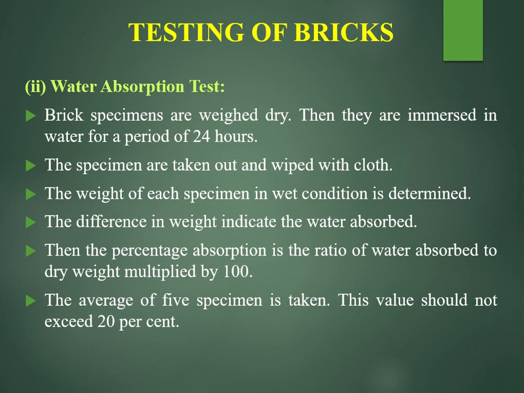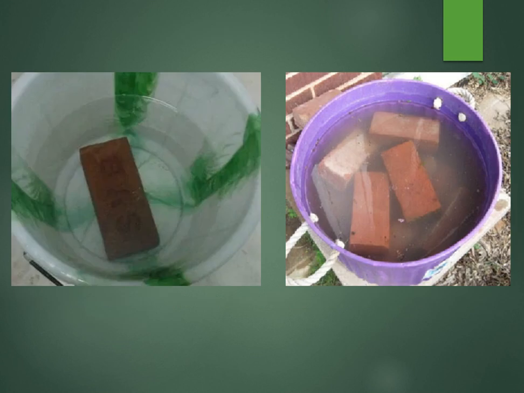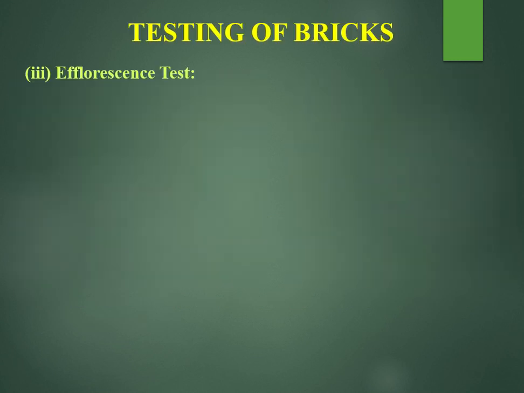If it exceeds 20%, it means that it has more pores inside, and it will absorb much more water content when it is placed in construction. You can observe how the specimens are soaked inside the water.